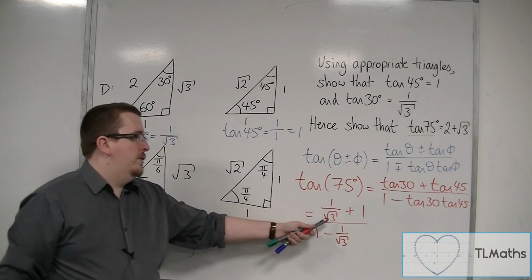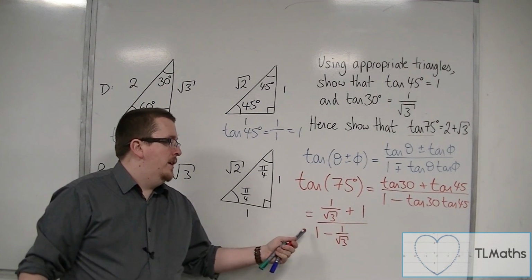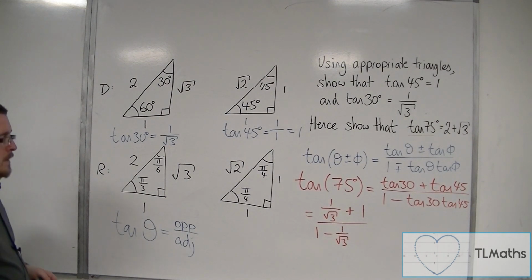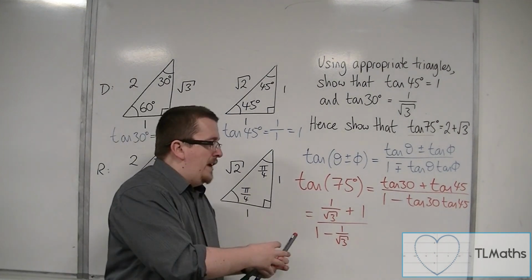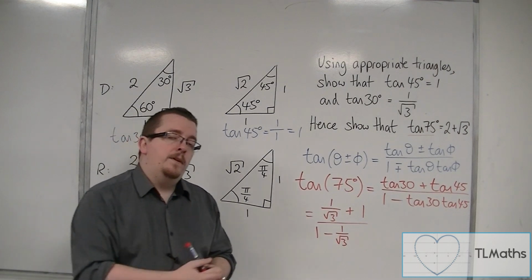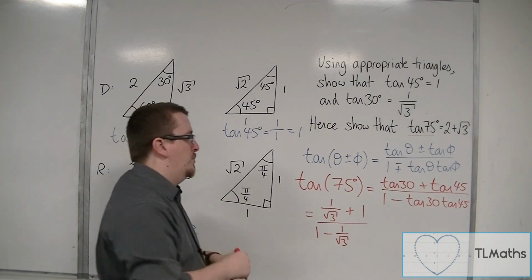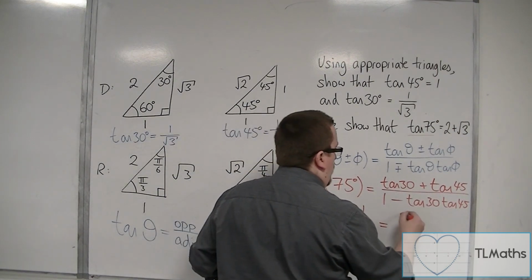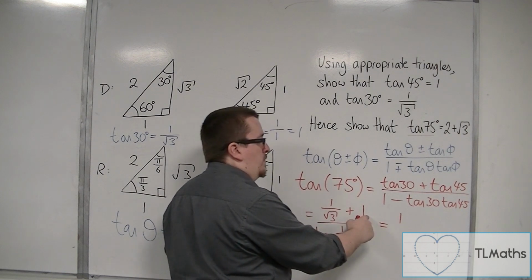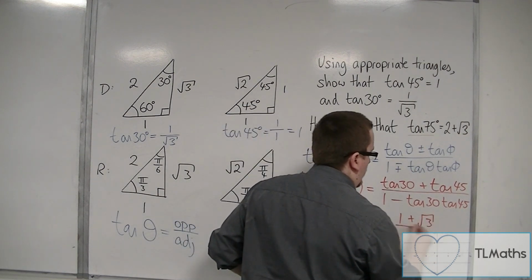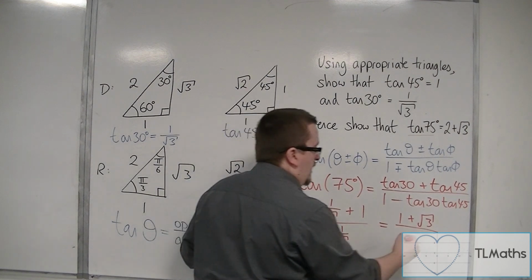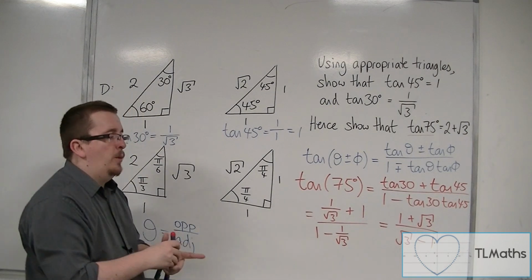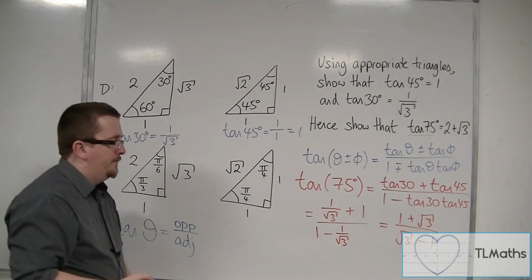So I've got 1 over root 3 plus 1 divided by 1 minus 1 over root 3. In order to get rid of these root 3's in the denominator, I'm going to multiply top and bottom of the fraction by root 3. So 1 over root 3 times root 3 is just 1, plus 1 times root 3, divided by root 3, take away 1. So I've multiplied each of the elements in the top and bottom by root 3.